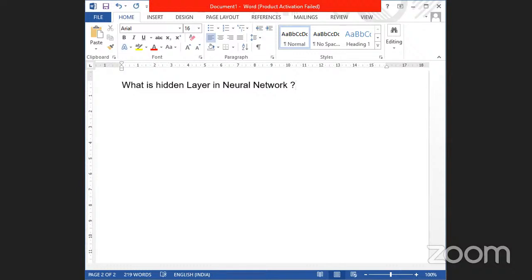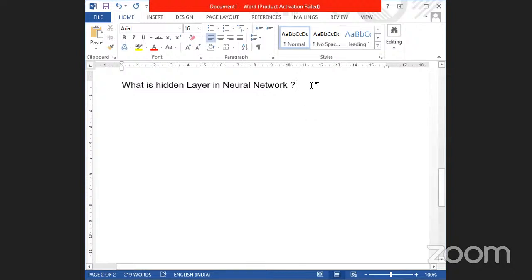So the hidden layer is, after we get inputs in the input layer, all the information goes here. The nodes of this layer are not exposed to the outer world. They are part of the abstraction provided by any neural network. The hidden layer performs a sort of computation on the features entering through the input layer and then transfers the result to the output layer.